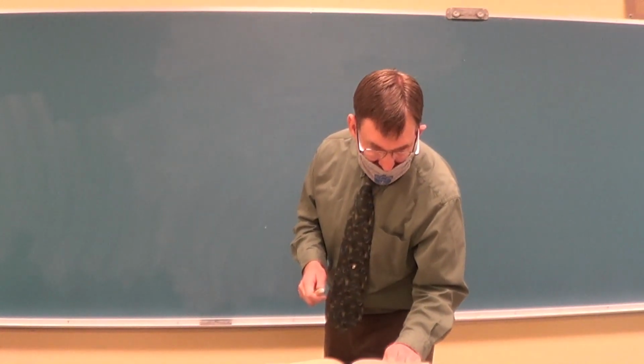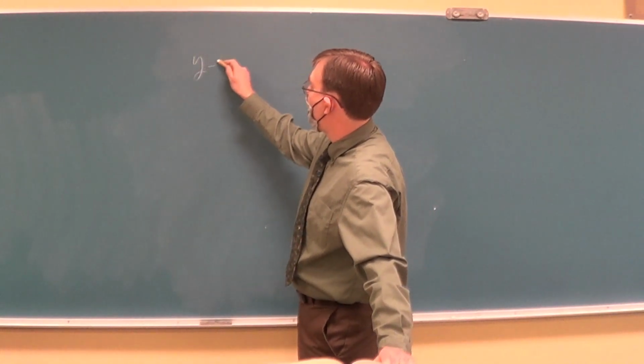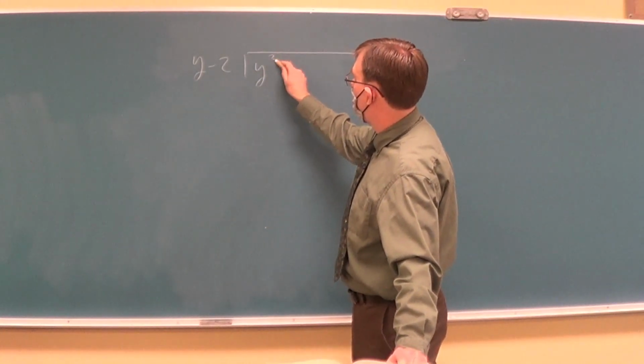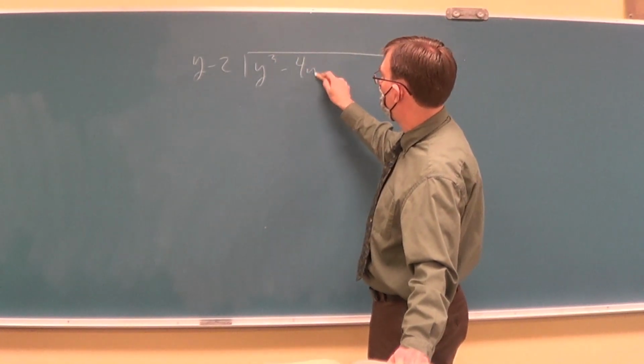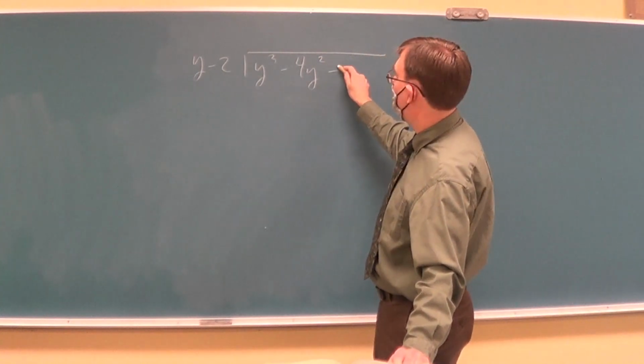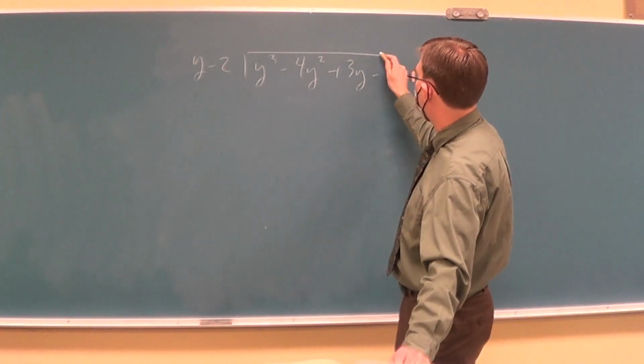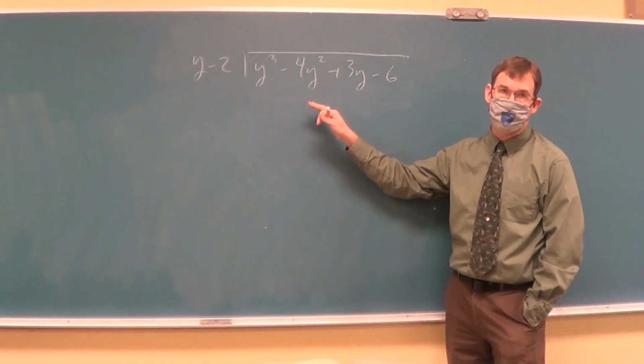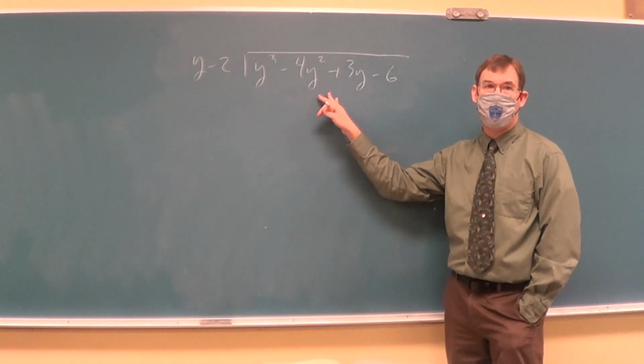So 19, we're going to go y minus 2 out, y cubed minus 4y squared plus 3y minus 6 in. Some of the questions skipped some of the powers in descending order. What do you do if they skip a power in descending order?